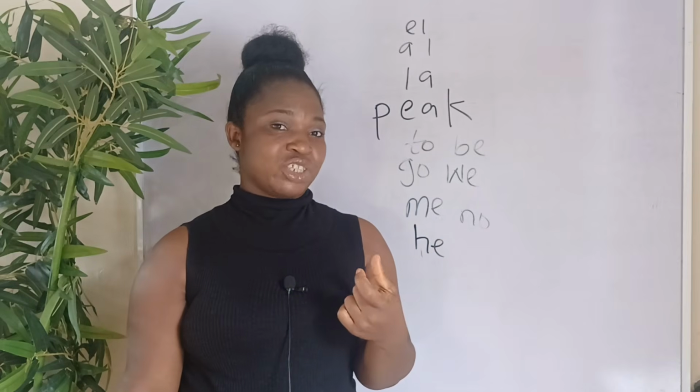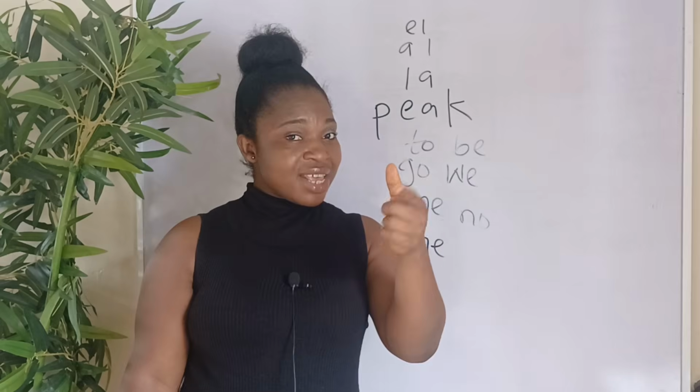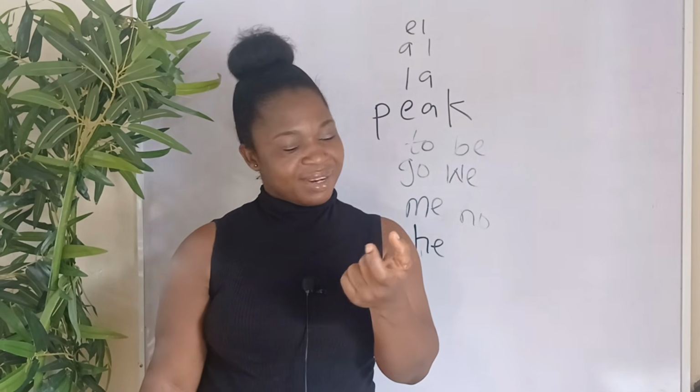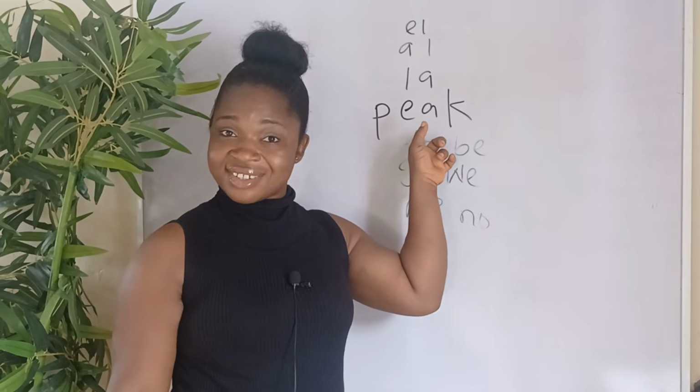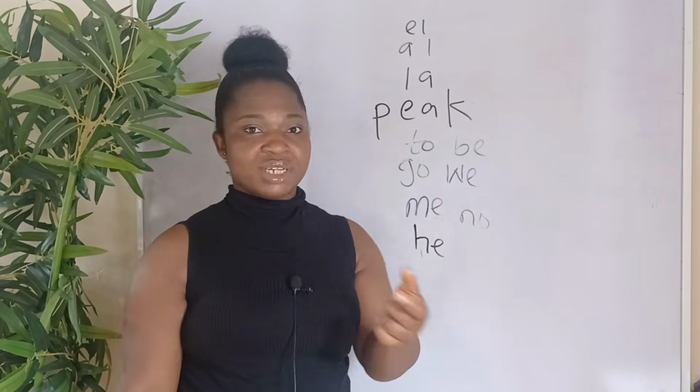If you pay attention to my pronunciation now, it is P and E, P and K. This is not really out in the pronunciation. So this is usually the focus. Yeah, the first letter when you have a team vowel is what is going to be pronounced.